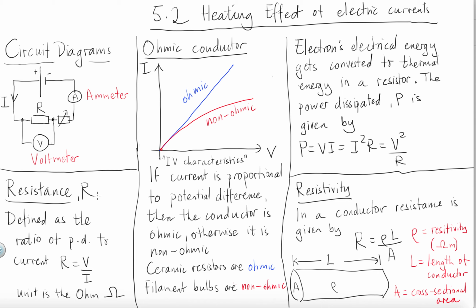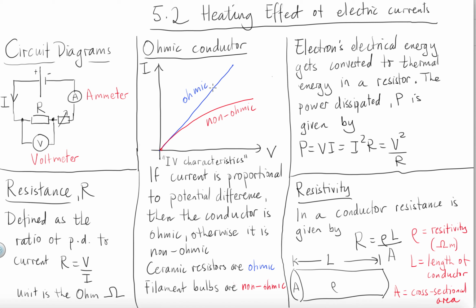Now, in terms of resistance, if I was to vary the resistance in this circuit and therefore vary the potential difference and measure the current in the circuit, then if a component's current is proportional to its potential difference, we say that it's an ohmic conductor.